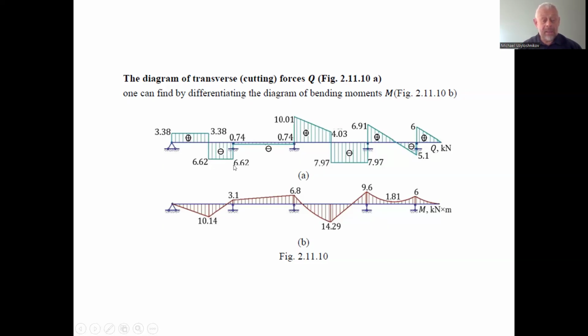And here is 6.62, minus 0.74, directed downwards as the size of the step. It is a little bit less than 6, like 5 and some.